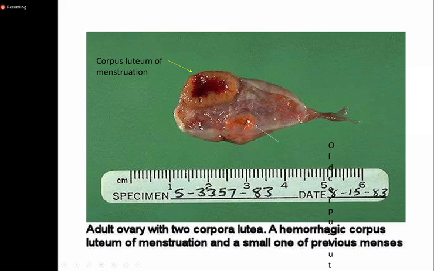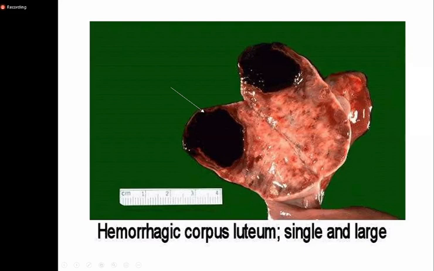Often they are small and involute, like this one, an old one from a previous menstrual cycle, and it's already involuting. Hemorrhagic corpus luteum cyst, these are very frequent.